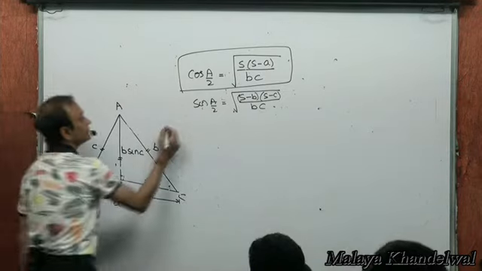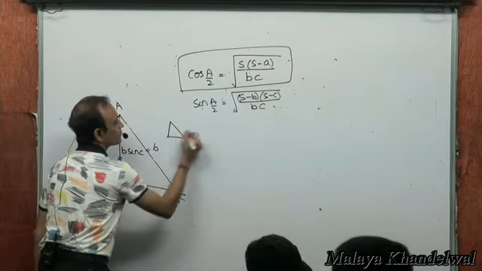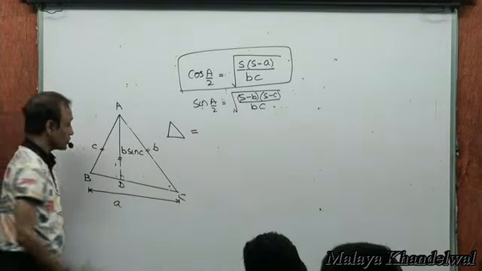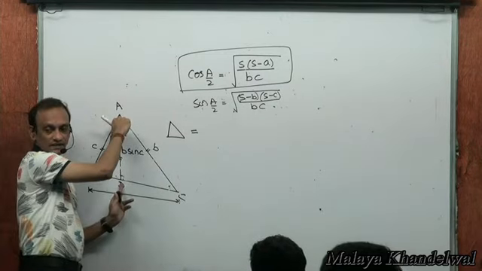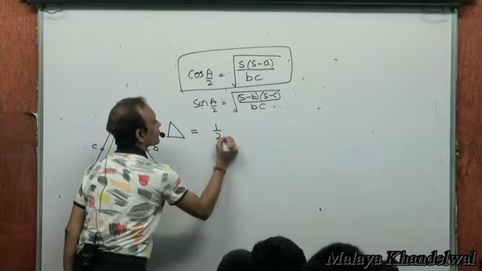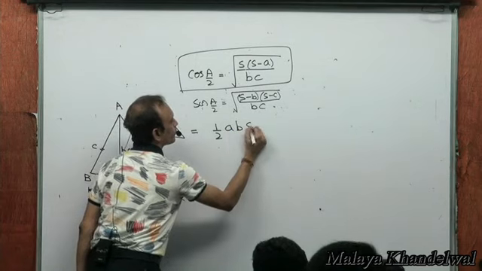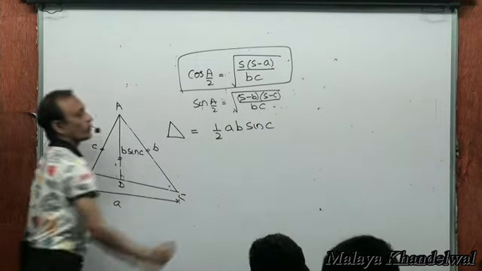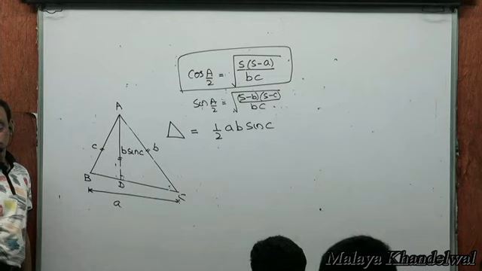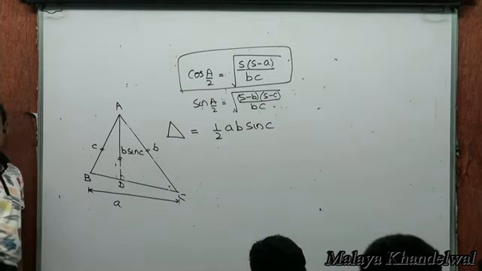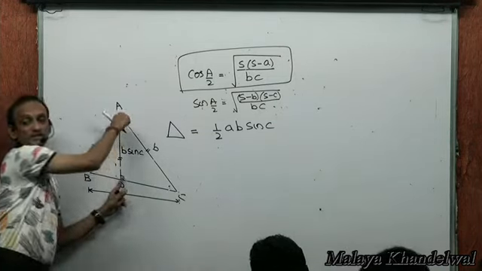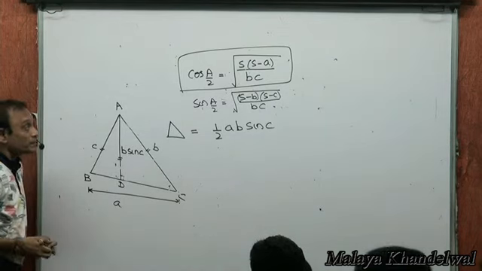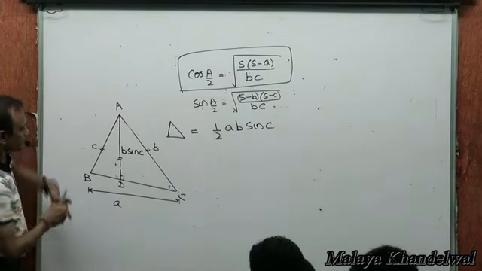What's the area of a triangle? Half base into altitude. So half of a into b sine C. Right? How do you read this?